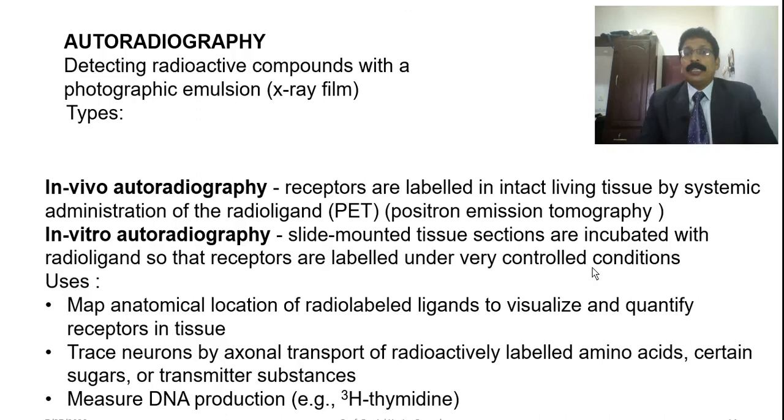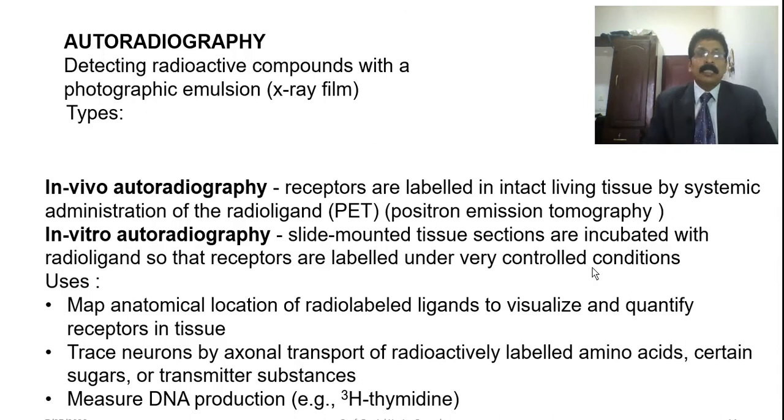A slide-mounted tissue section is incubated with radioligand, so that receptors are labeled under very controlled conditions. What is its use? Map the anatomical location of radiolabeled ligands to visualize and quantify receptors in tissue.